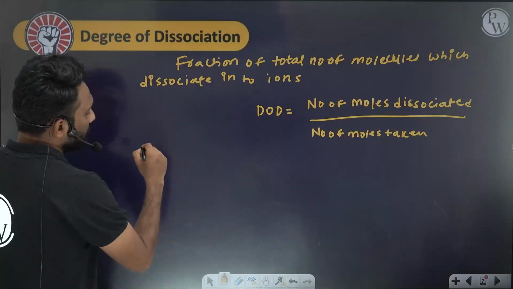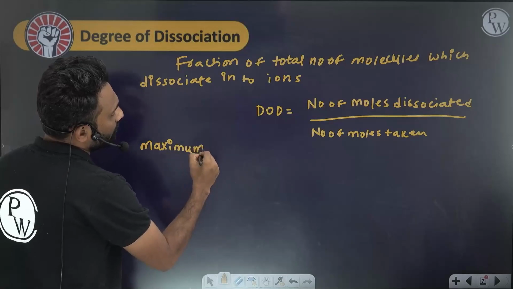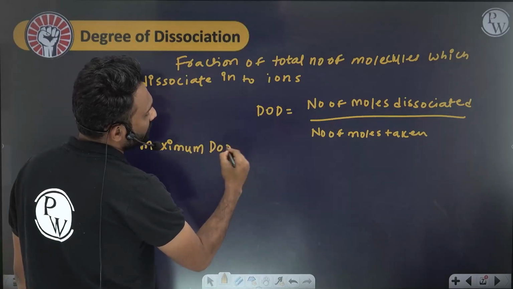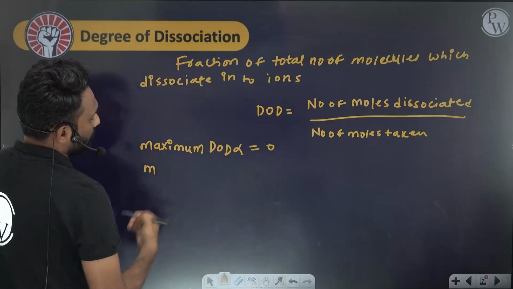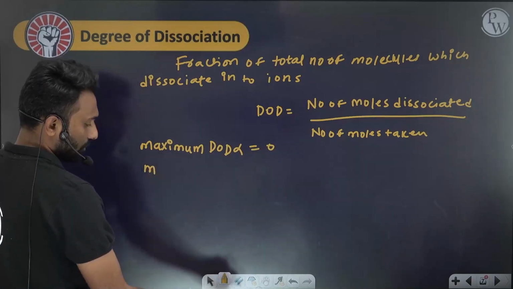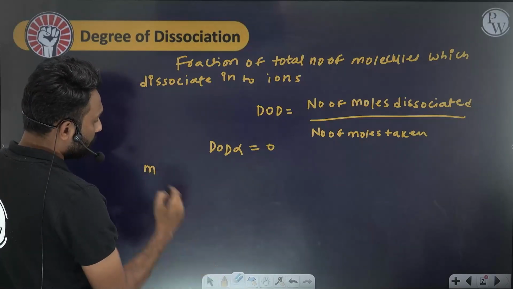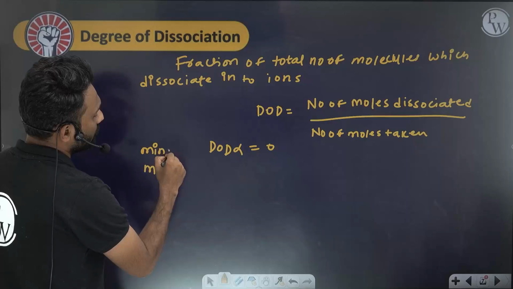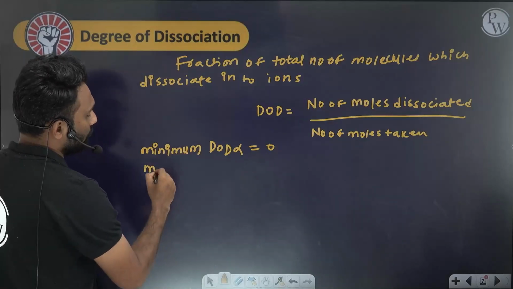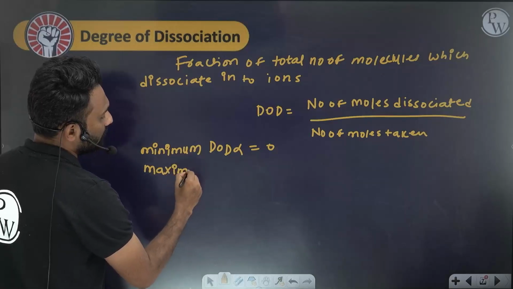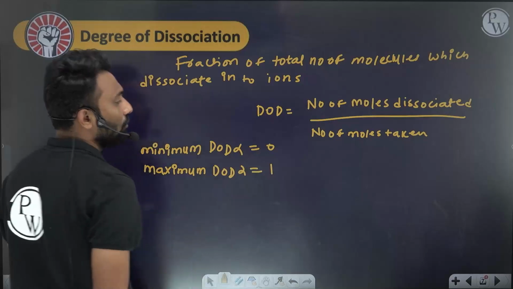The minimum degree of dissociation alpha is equal to 0 and the maximum degree of dissociation alpha is equal to 1.